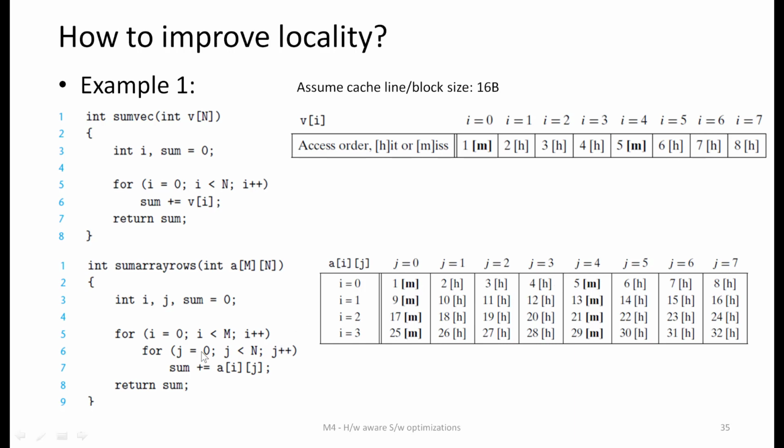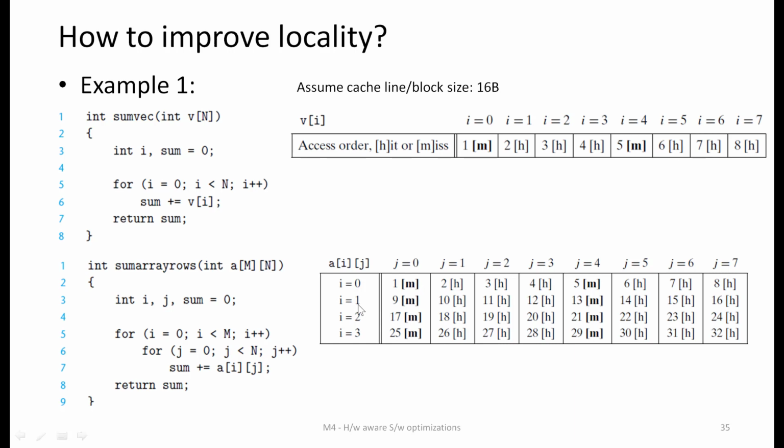The next three iterations of the j loop will be hits, and for the fourth and fifth iteration of the j loop, again we will have a miss followed by 3 hits. Now let's say, for example, the value of n is 8 and m is 4.